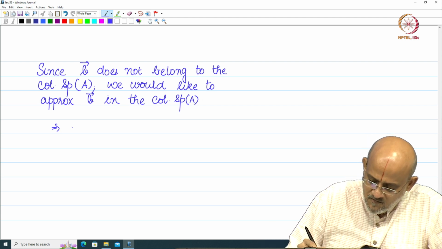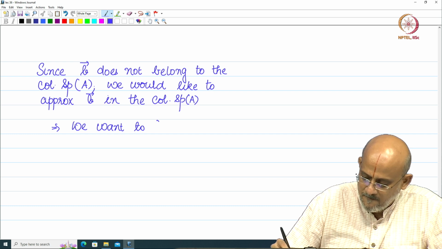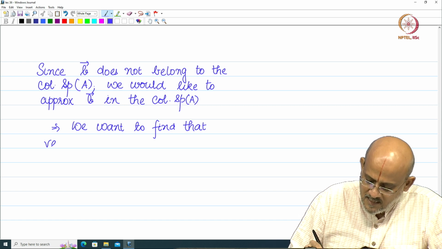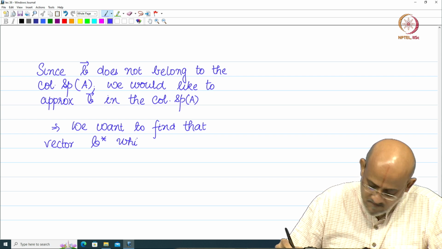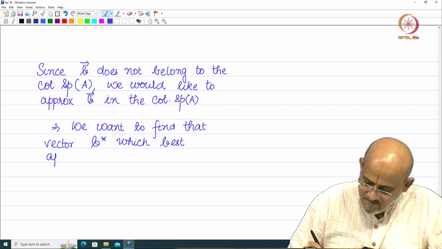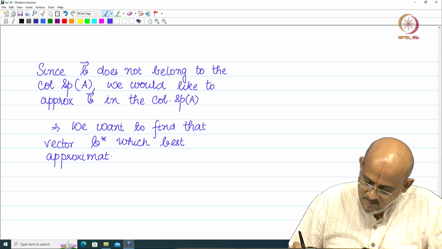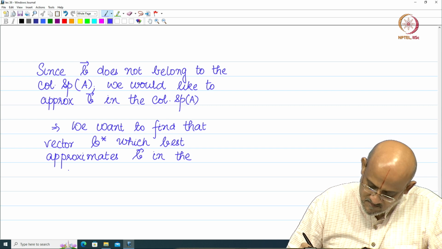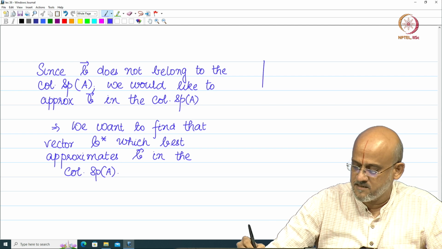That is, we want to find that vector B star which best approximates B in the column space of A. Now what do we mean by this?